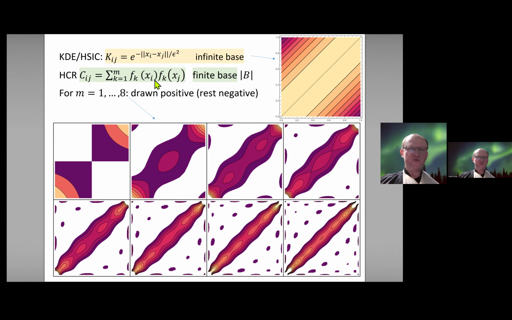So if we calculate this kernel, here is the positive part. Here everything is positive for KD HCIC. For HCR, the positive for larger degrees is literally diagonal. So it's slightly better. It's only positive, then they are negative. So here we have this kernel we can use in kernel methods.